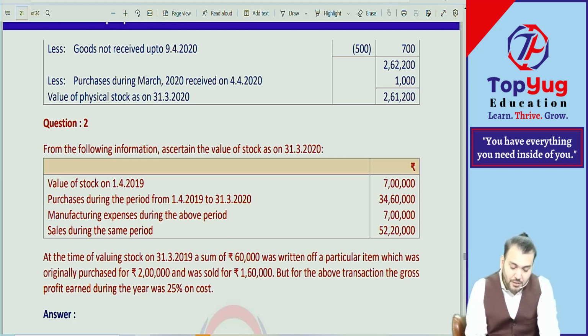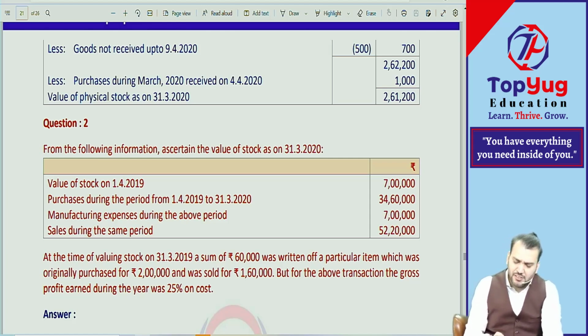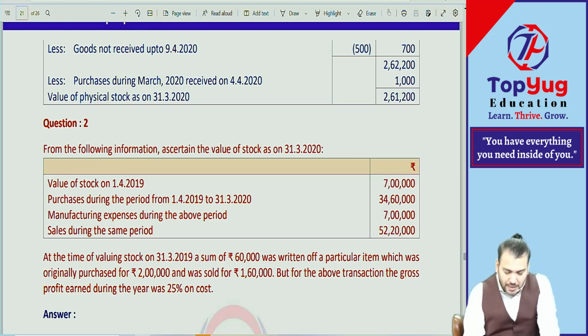At the time of valuing stock on 31st March 2019, a sum of 60,000 was written off a particular item which was originally purchased for 2 lakh, correct? And was sold for rupees 1 lakh 60,000.